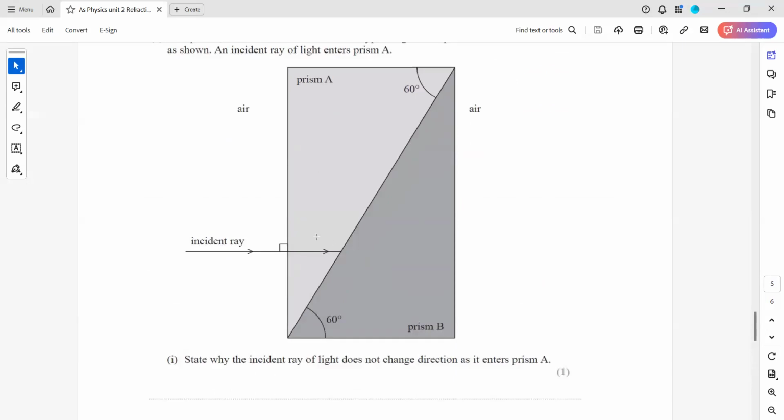So draw the normal. This will be the normal. The normal is always perpendicular to the surface. Because it is moving into a denser medium, it will bend towards the normal.